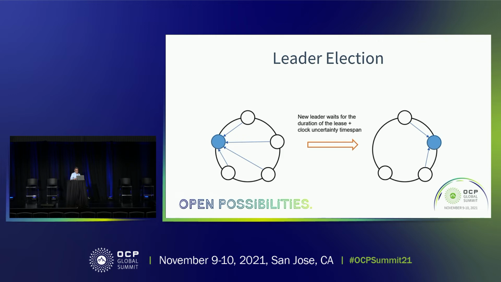The leader election and the leader lease are an important metric in the availability of the system. Here we have a consensus protocol like Raft or Paxos, and we have a leader that executes all the operations, reads and writes.